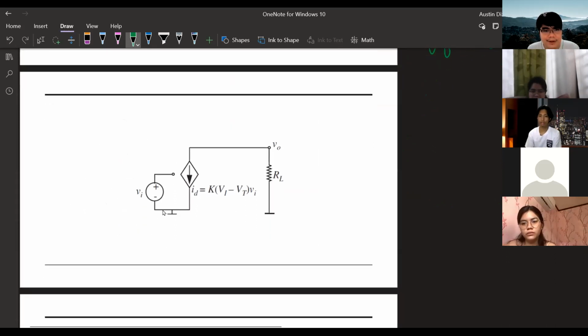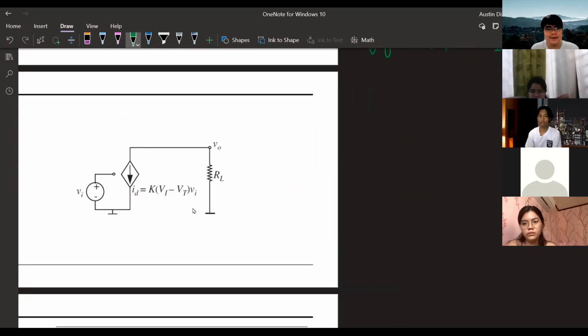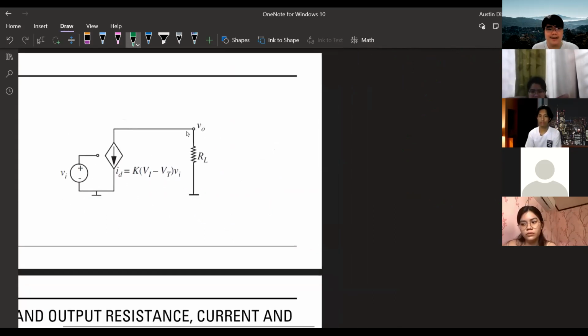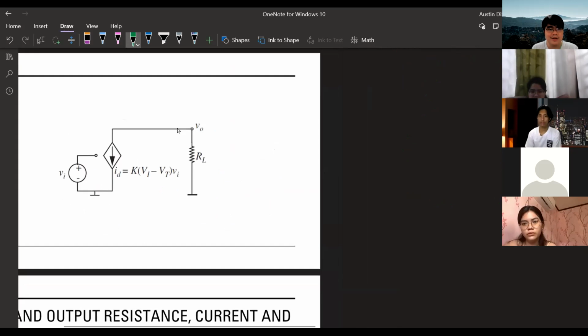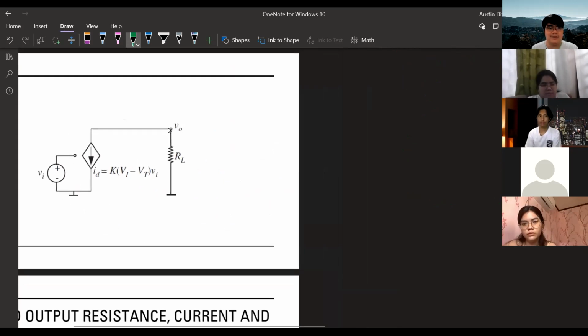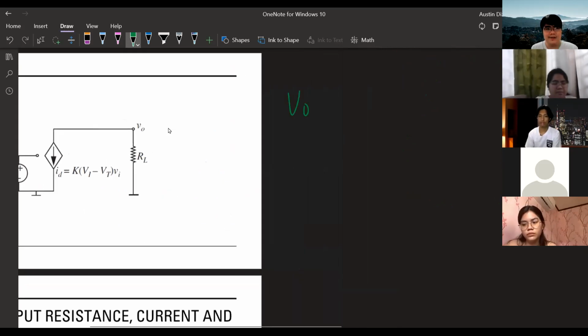Okay? Okay. So from here, KCL ako at this node. So V. So ganun yung i-assume kong current. Okay, V0, VO minus 0 dahil ground, over RL must be equal to the negative of ID.